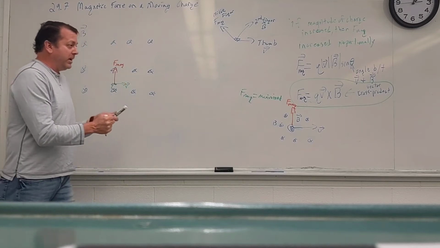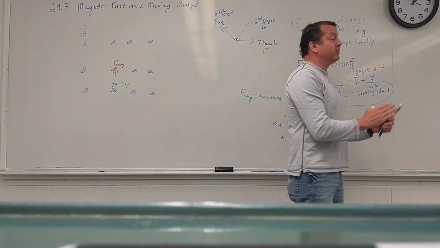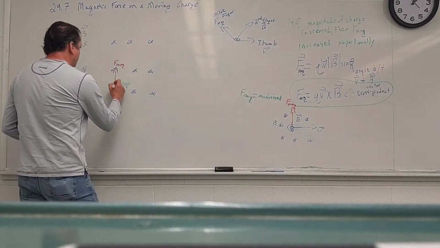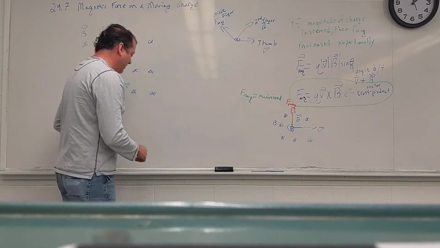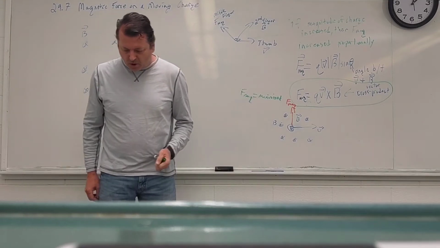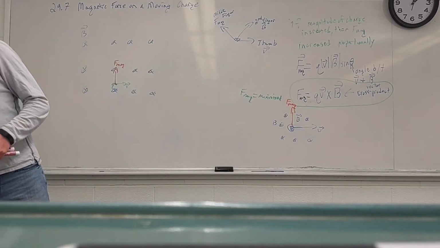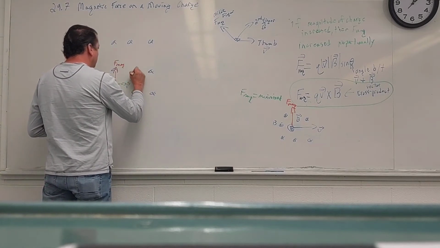If I'm going this way and have a force up, I'm going to start turning upward a bit. I'll be going upwards some. Let me get my orange. So the path would be like this.